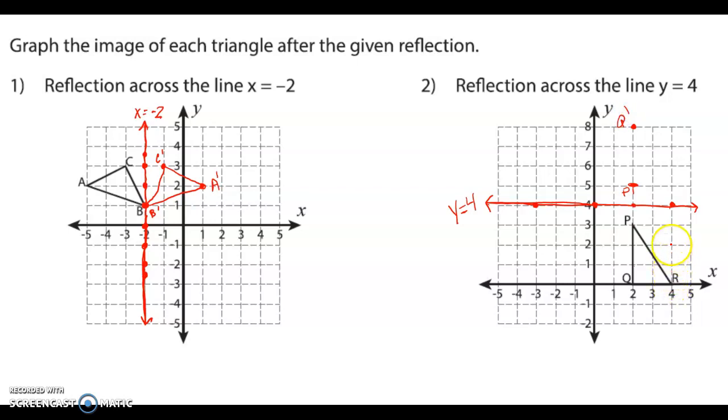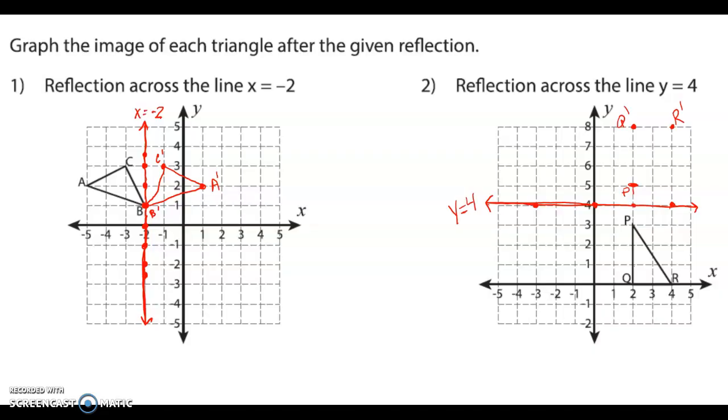R is 1, 2, 3, 4 points from my line of reflection. So R prime needs to be 1, 2, 3, 4 points above my line of reflection. Oops, sorry about that. So here we go. This is my reflected shape over the line y equals 4.